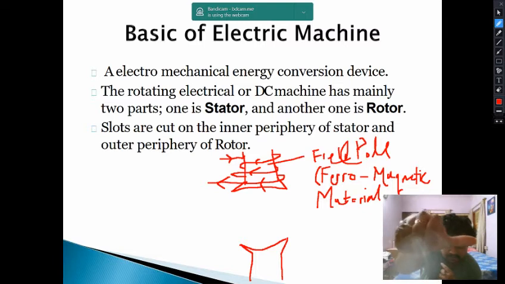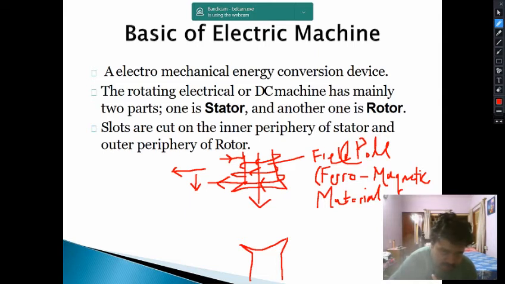Your thumb is aligned to the direction of the current, and the field will act downwards in the direction of your curling fingers. So field will be in this particular direction, and automatically this pole will attain a north polarity.